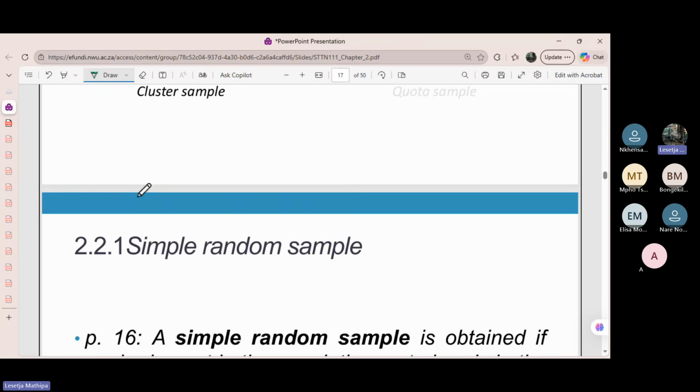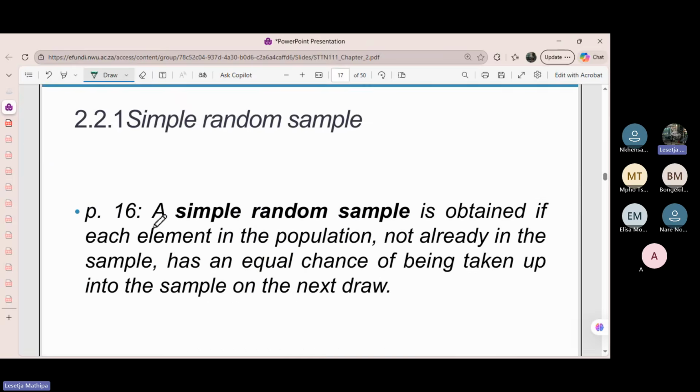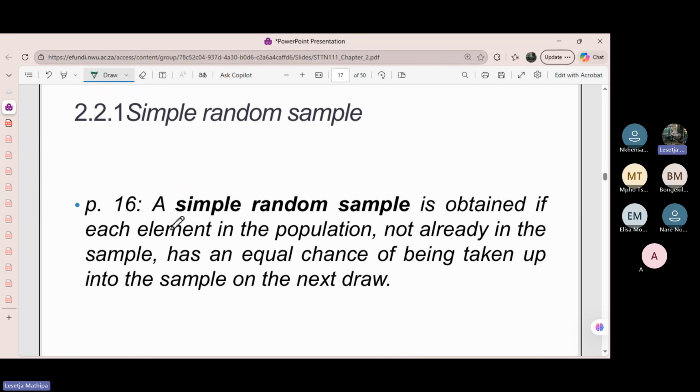Okay, let's see the one for simple random sampling. So simple random sampling is obtained if each element in that population, not already in the sample, has an equal chance of being taken. Look at this. An equal chance of being taken. Now we are talking about simple random sampling. Remember this, they can give you a scenario.